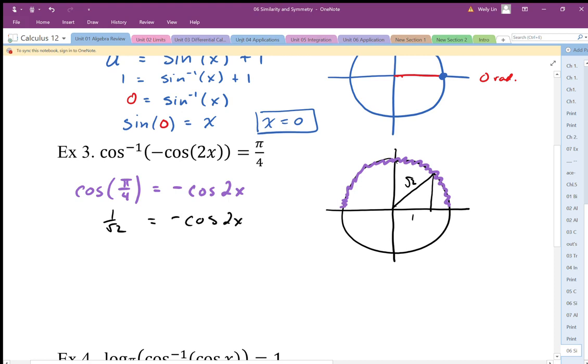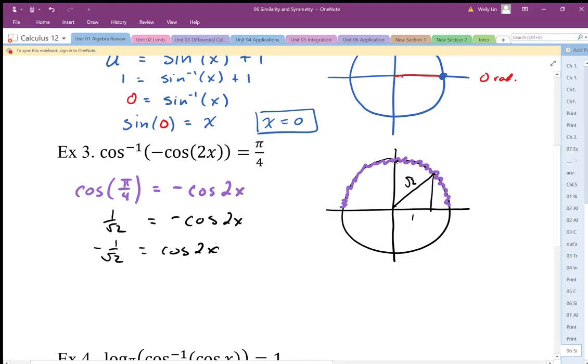So the cosine is valid for all different angles. So when we solve this, the domain of this 2x is all real numbers. So when we undo this, we have to account for that. So when I solve for x, first of all I'm going to move the negative to this side.